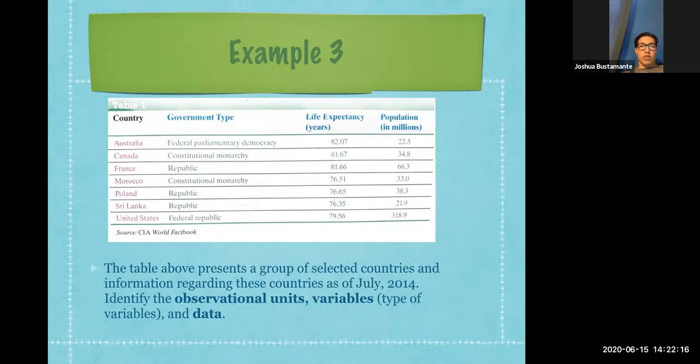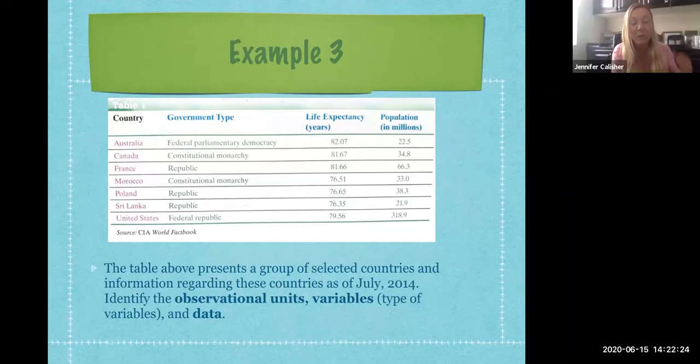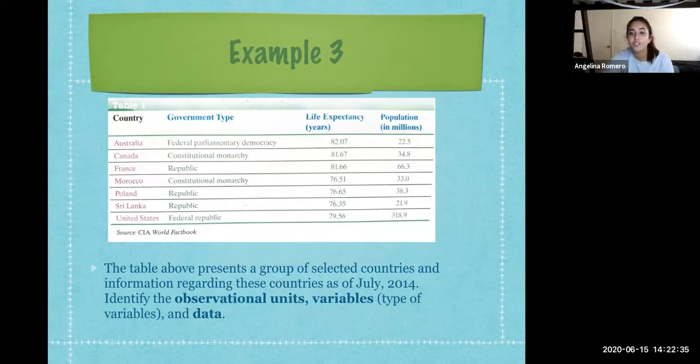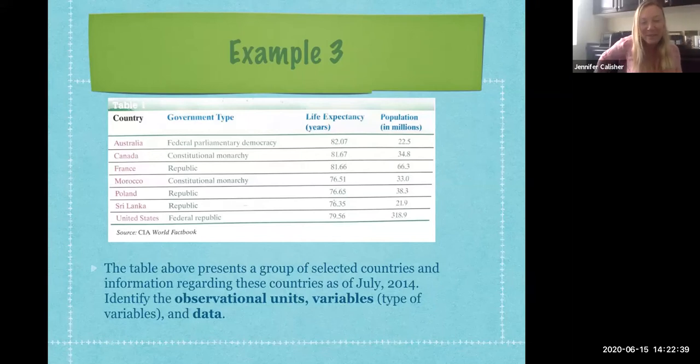Identify the observational unit, variables, and then in parentheses, type of variables and data. Awesome. So what are the variables, and what are the types of variables, and also data. Exactly. Perfect. By the way, we all know data is information. It's going to be a good semester.